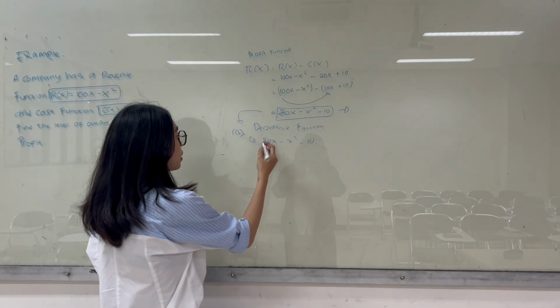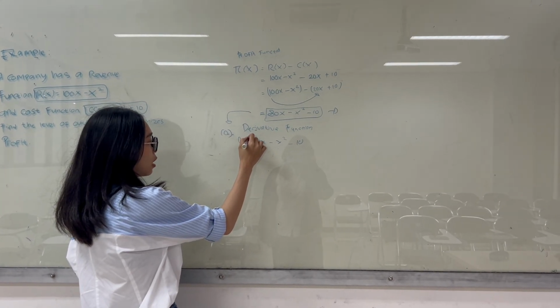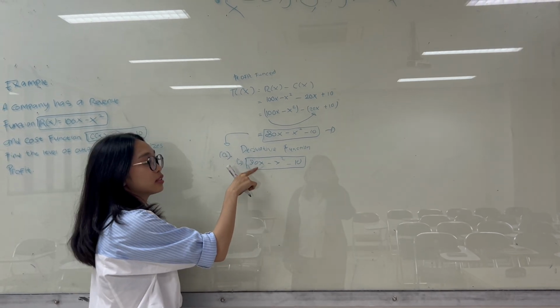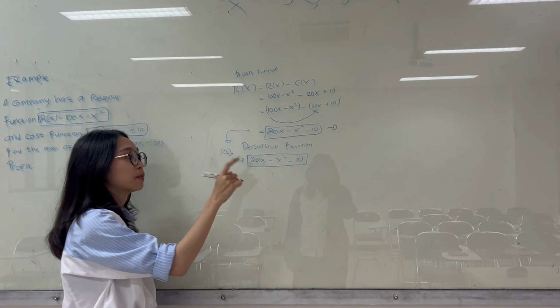Here, finally, the profit function is 80x minus x squared minus 10.